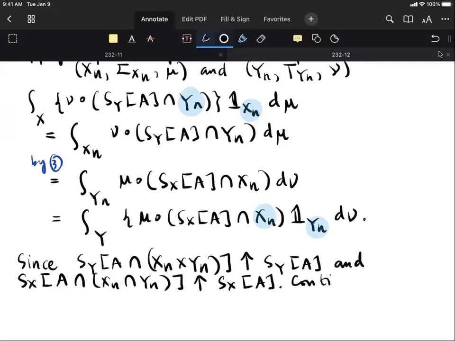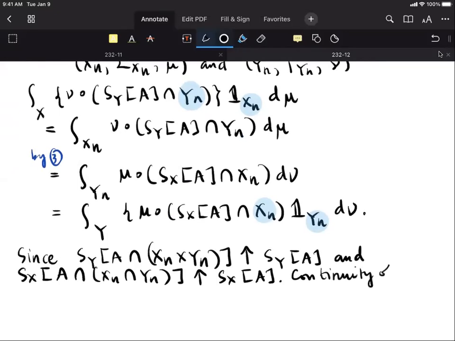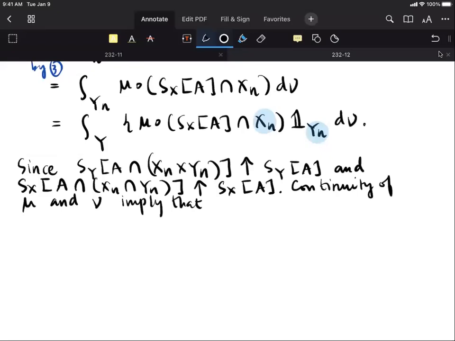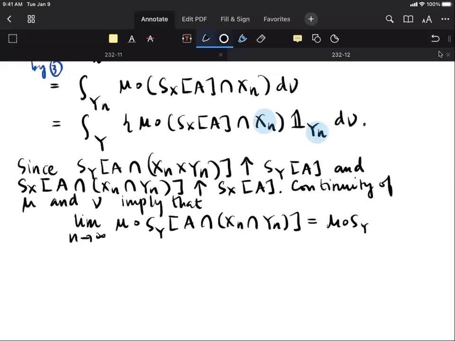Continuity of mu and nu implies that the limit as n goes to infinity of mu of the section is the same as mu of Sy.